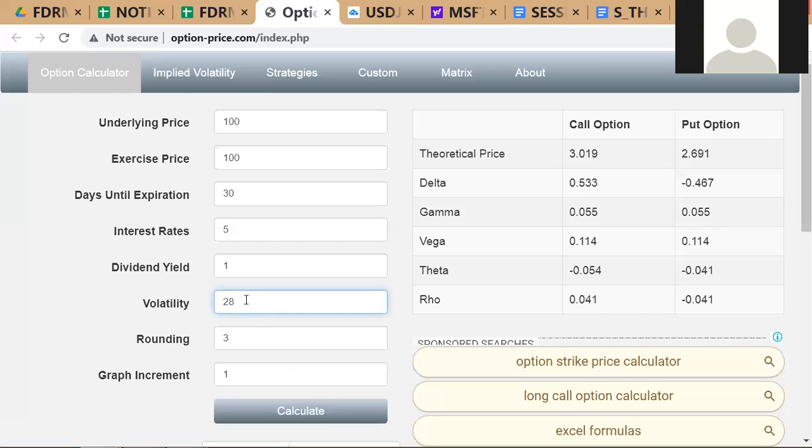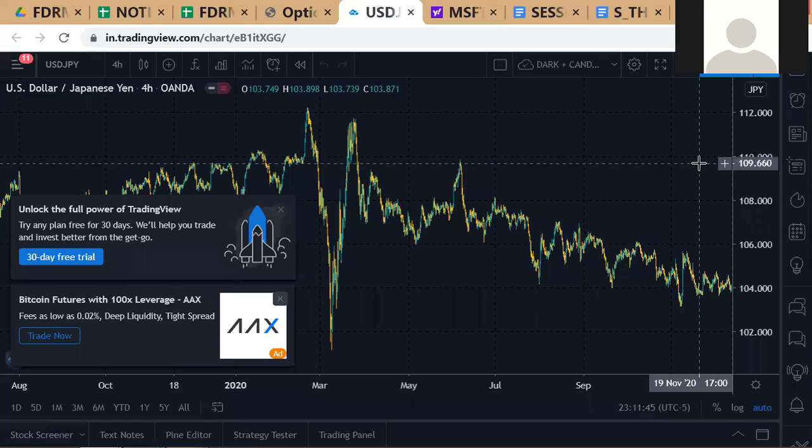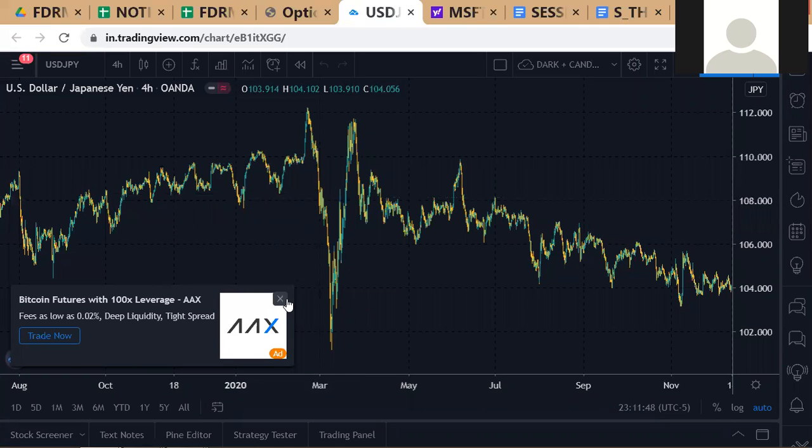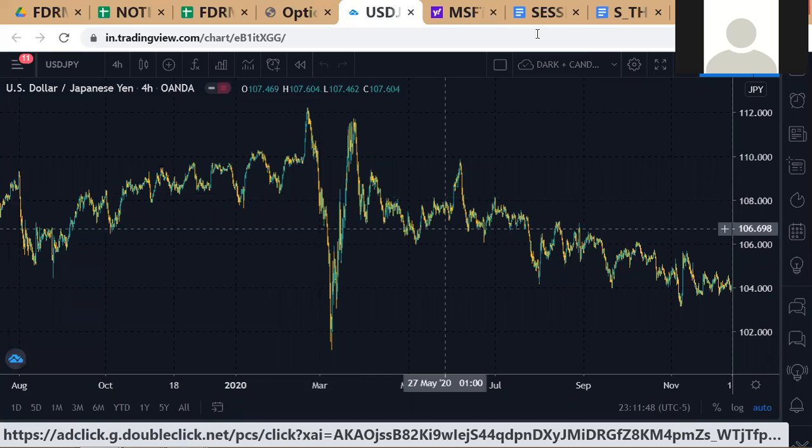See what happens to the value of the put option, 2.69. Nothing else is changing. See, a 3-point increase in the IV, a very short-term option, the Vega is not that much, and yet you see that the value of the put option has gone up from 2.69 to 3.03. So that's another way for the put option to lose value, and for the seller of the put to lose money. That is, for the IV levels to go up.